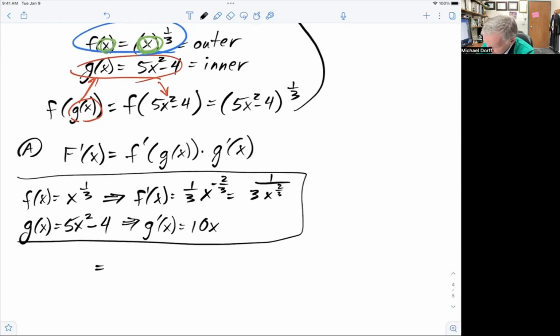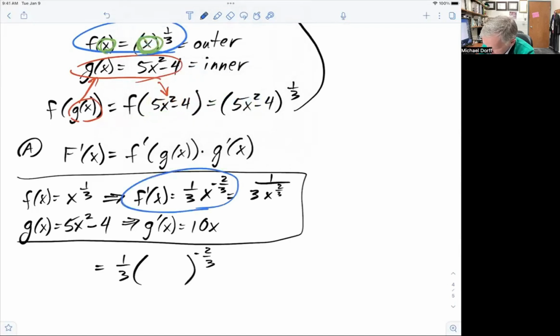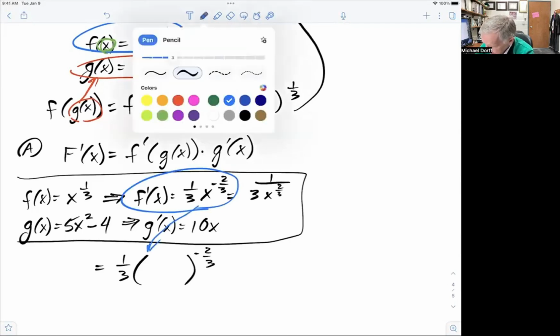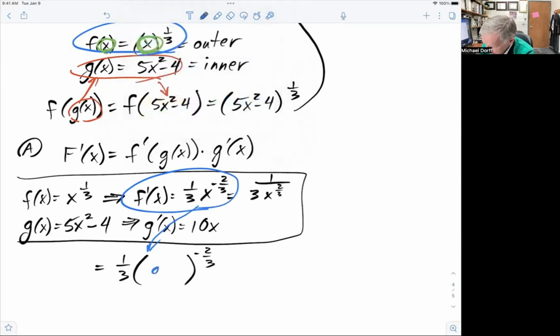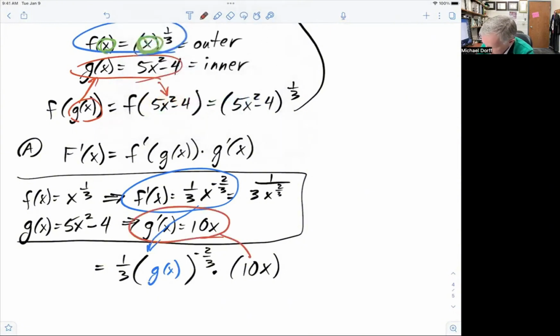So now I've got f prime. f prime is this 1/3 parentheses to the negative 2/3 power. I'm using this idea here, so that's what's coming down here. And I leave the big parentheses there because that's where g goes. Maybe I should just write that. There's g, and then I'm going to times g prime, which is 10x. And that here is what goes right there.